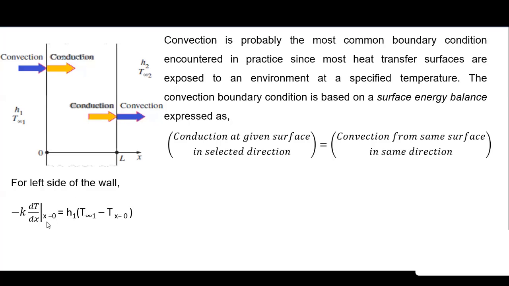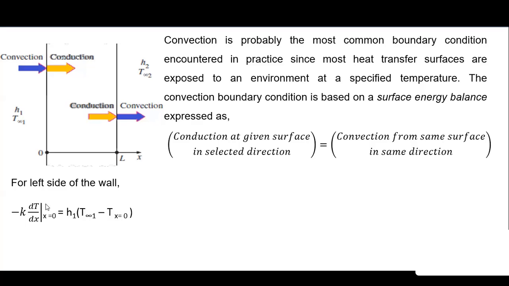We can say that the conduction flux can be written by Fourier's law of conduction, that is minus k dT upon dx at x equal to 0, and that is equal to convection from the surface in the same direction, that is h into T infinity 1. The temperature of the fluid on this side is say T infinity 1, and the heat transfer coefficient on this side is say h1. So h1 into T infinity 1 minus the temperature of the surface at x equal to 0.